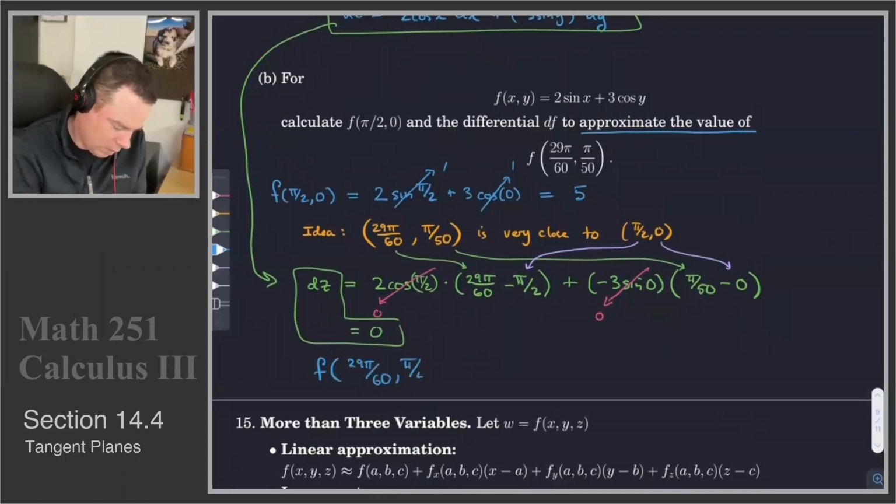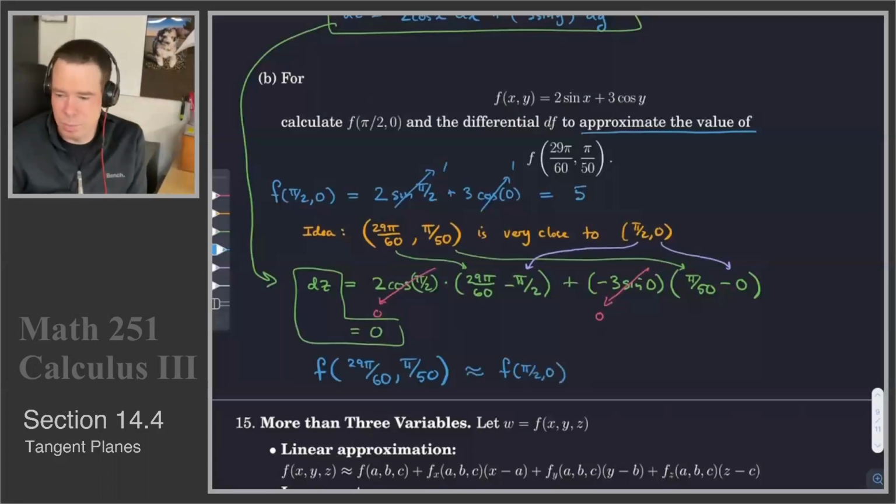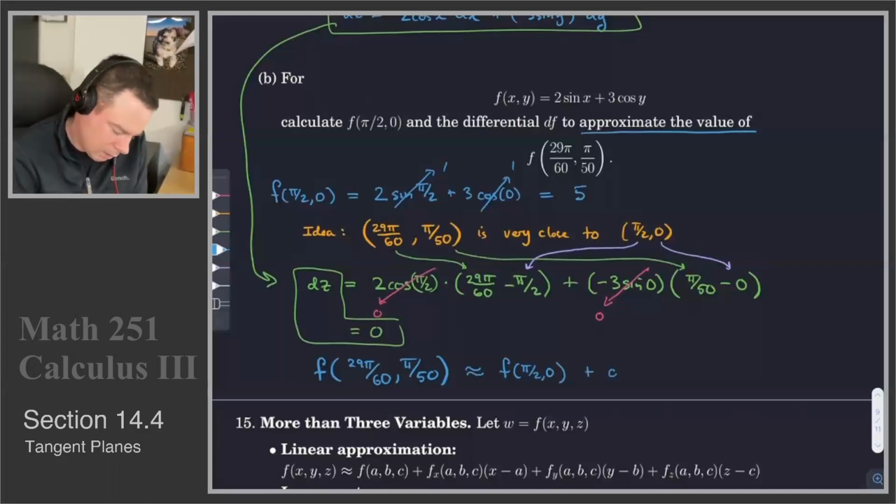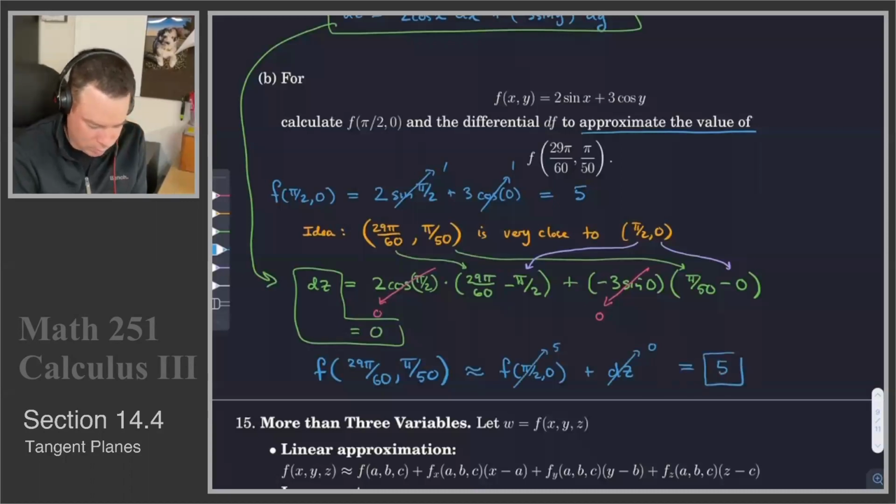The function value at this point is closely approximated by the function value at the point we've constructed our tangent plane at, or our linearization at, plus the differential. That's the adjustment factor. And this had a value of 5. This had a value of 0. So 5 is our close approximation.